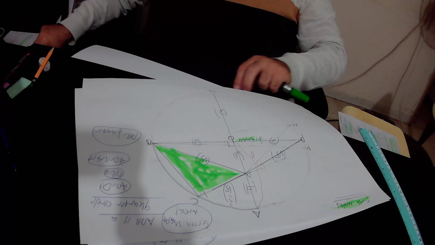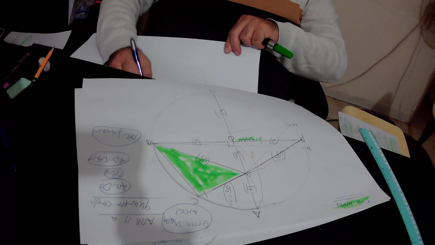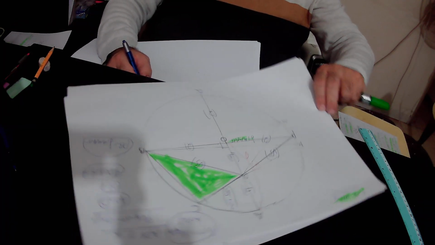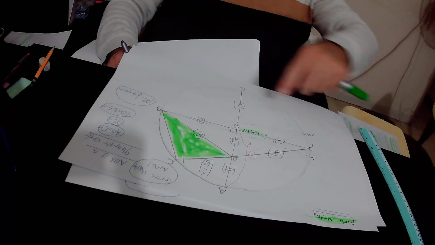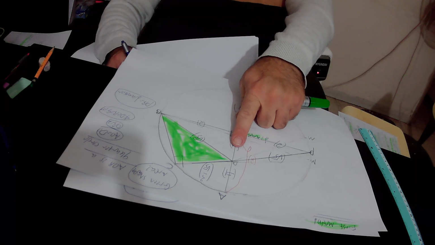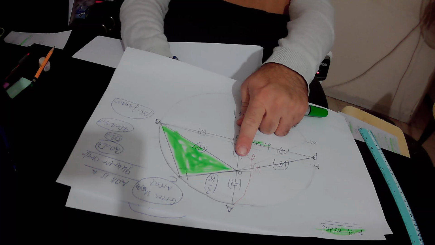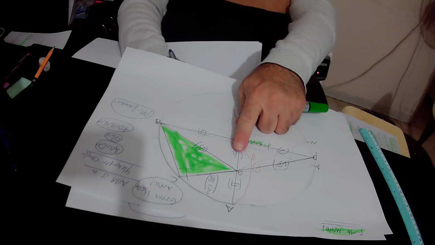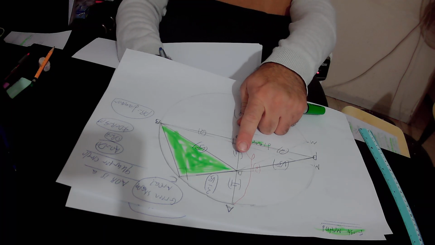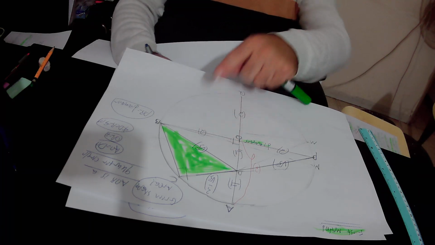According to the Pythagoras theorem, DB squared, that is the square of the hypotenuse, equals DC squared plus CB squared.